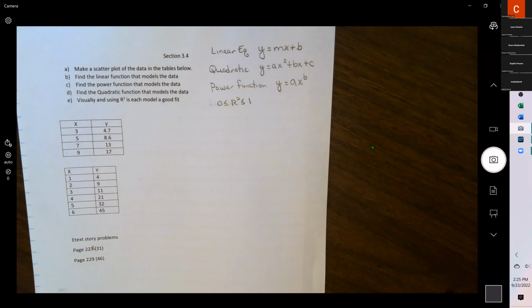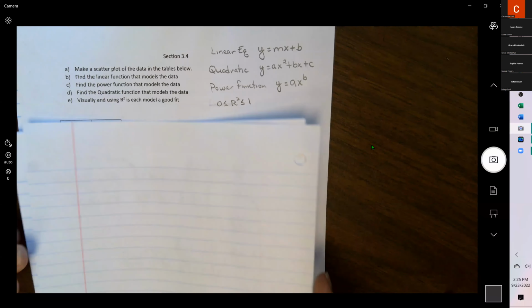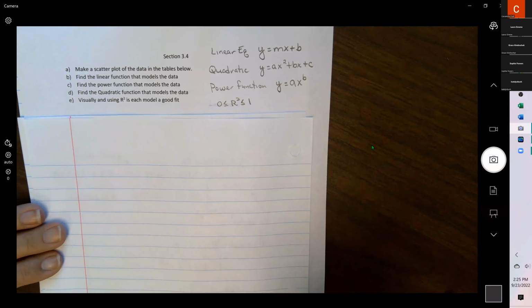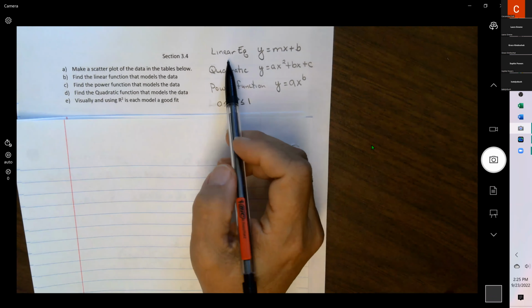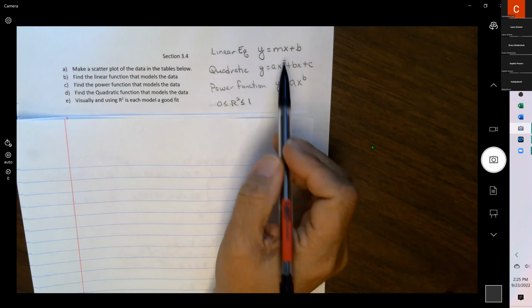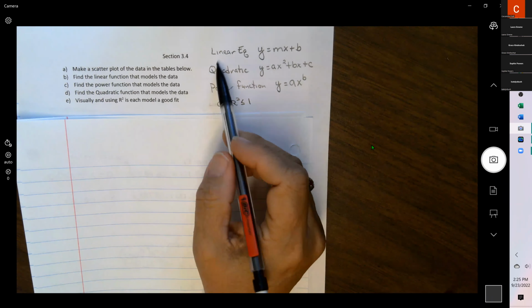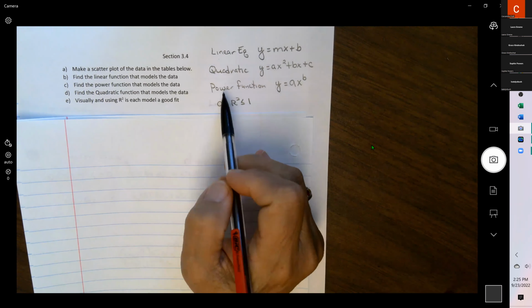Section 3.4. What it does is it looks at, well, we've learned the linear equation and we learned quadratic. We haven't learned the power function yet.